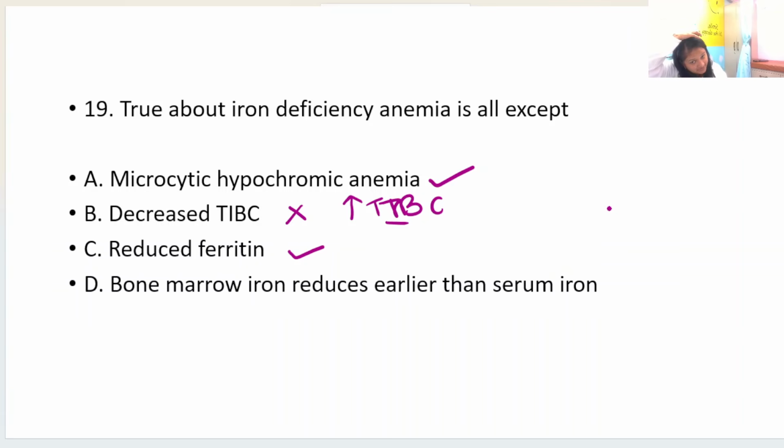Bone marrow iron reduces earlier than serum iron. This is right. Bone marrow stores are depleted before serum iron starts coming down. So true are all. What are these true statements? Microcytic hypochromic anemia, reduced ferritin, and bone marrow iron reduces earlier than serum iron. Okay, decreased TIBC is not true in case of iron deficiency.